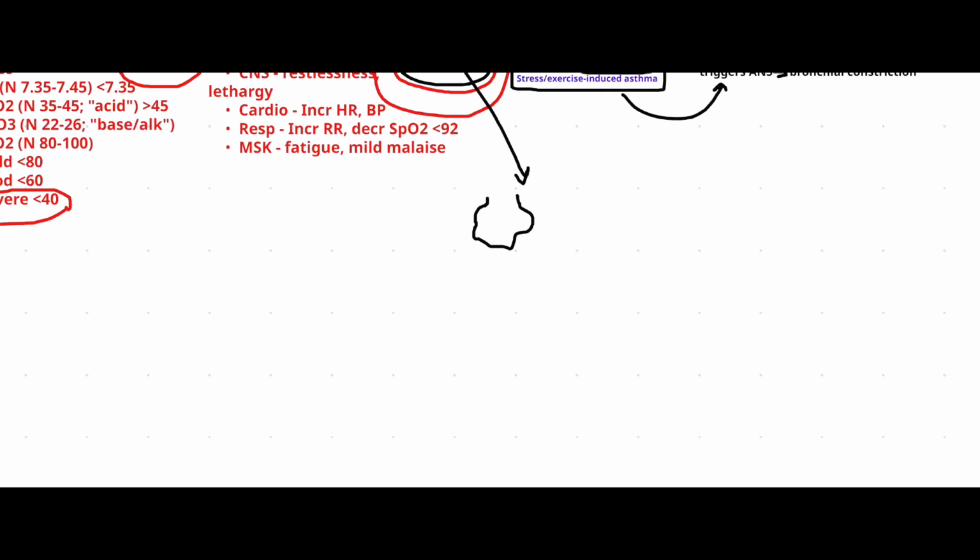One, is it able to squeeze out the air? So there's going to be a lack of CO2 exhalation, right? It can't go out because the alveoli doesn't have the elasticity to squeeze it out.